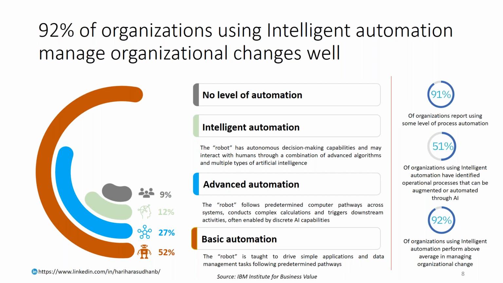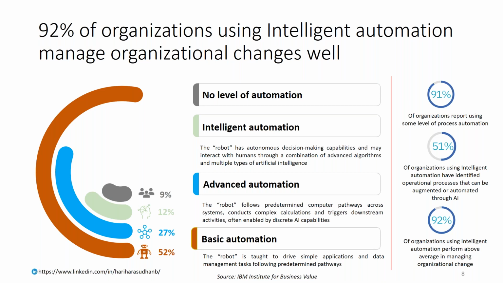This result gives us confidence that cognitive automation solutions are really helping organizations handle a lot of judgment based decisions, organizational changes, all those areas.